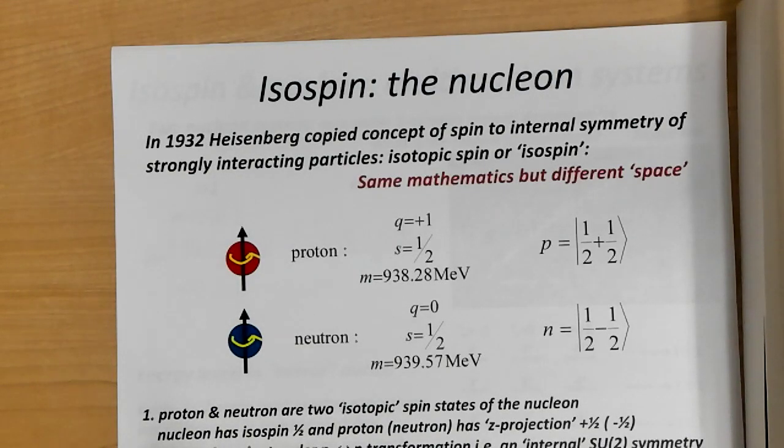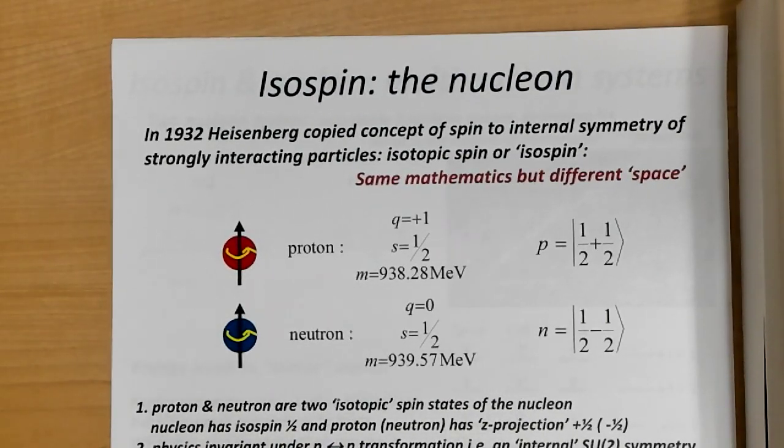We've been talking about the group SO3, but it turns out if you restrict to looking at the spin 1/2 system, this actually is another group that's very similar to SO3. It's what's called SU2. That's the special unitary group.